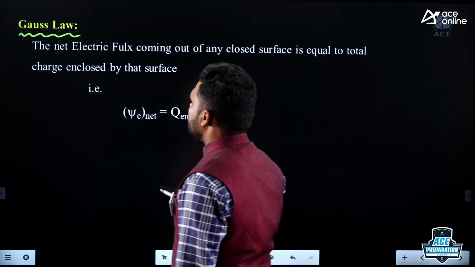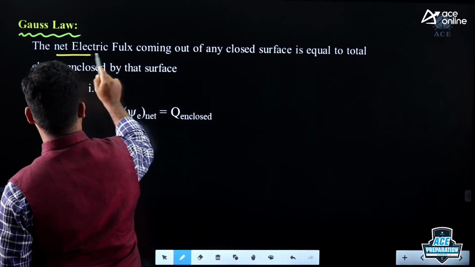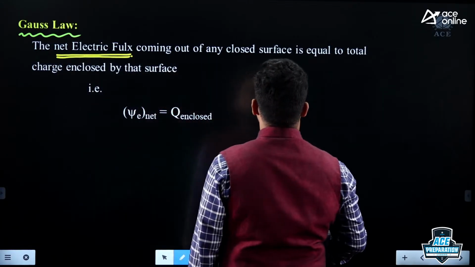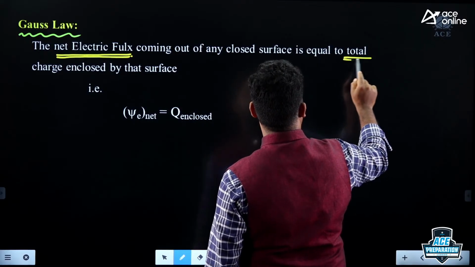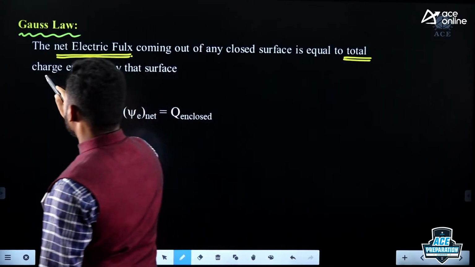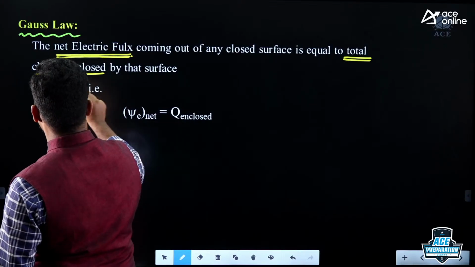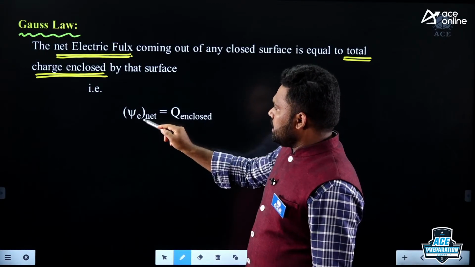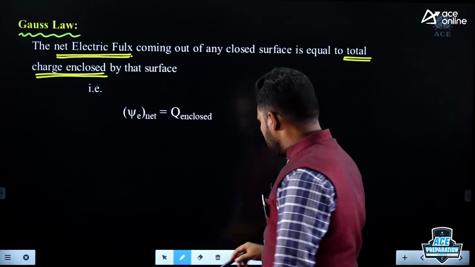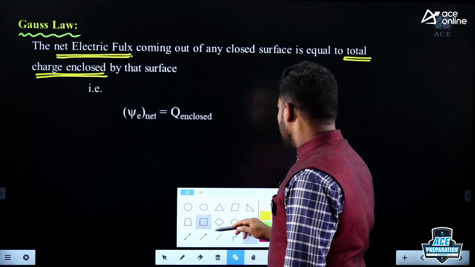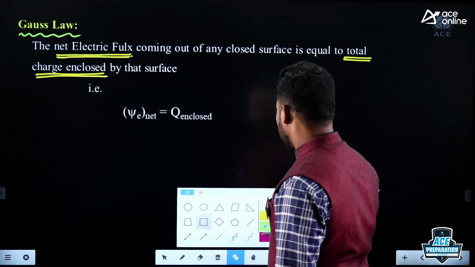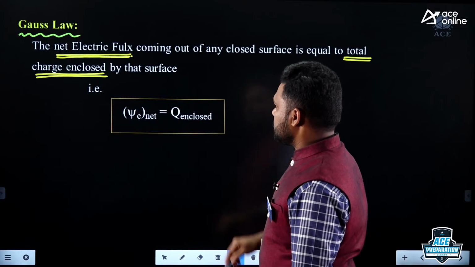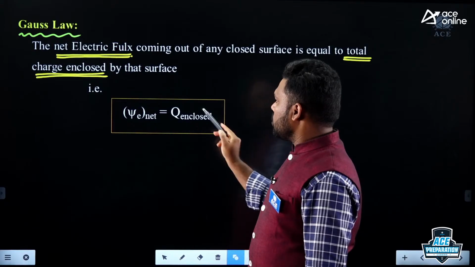Point number 1, the net electric flux coming out of any closed surface is equal to the total charge enclosed by that surface. That is, psi E net is equal to total Q enclosed. In short, this is the definition form which you must remember. Psi net is equal to charge enclosed. That is, net electric flux is equal to charge enclosed.